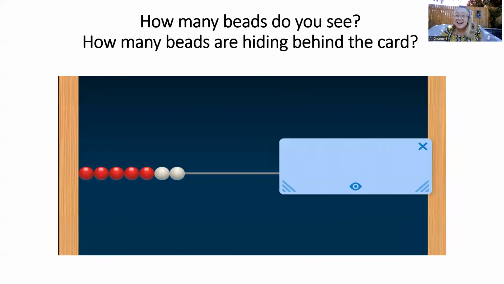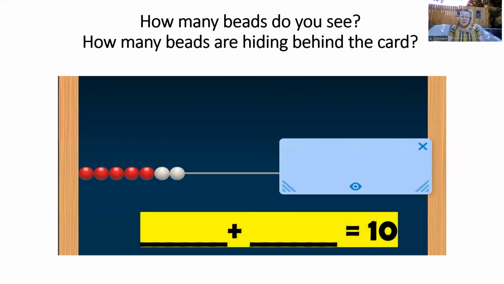Okay, let's look at another one. How many beads do you see now? Make that on your number rack. Do you see 7 beads? Yes, that's right. There are 7 beads.